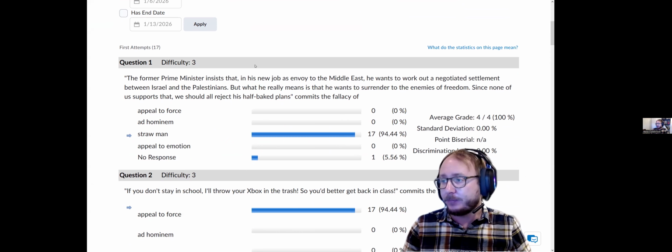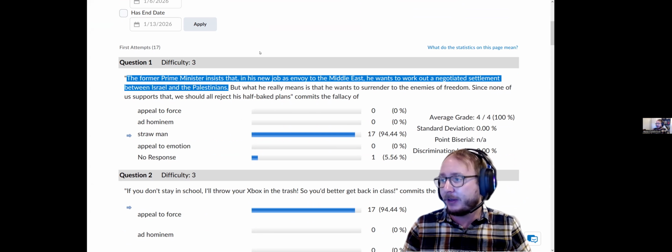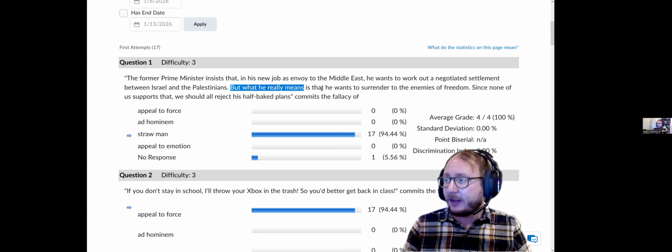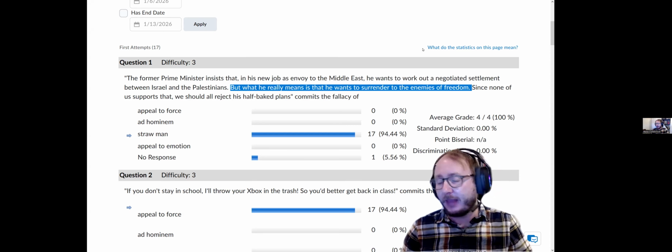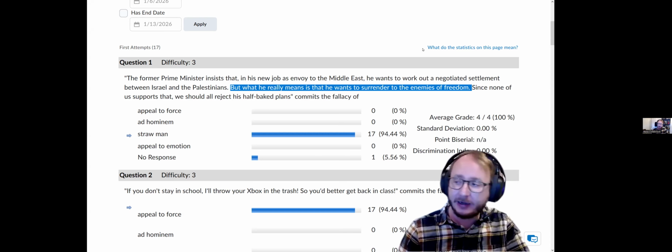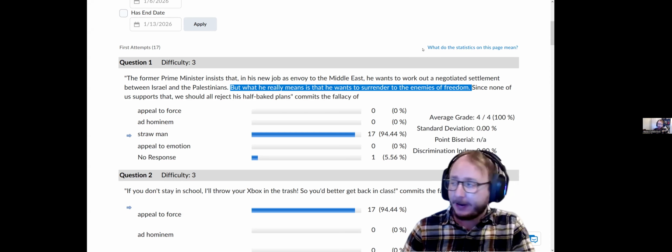So, starting off here with question 1, here we've got this person saying this thing about what the prime minister believes or what he says he's going to do. And then this person interprets what they said. Now, this interpretation is probably not a fair one, right?